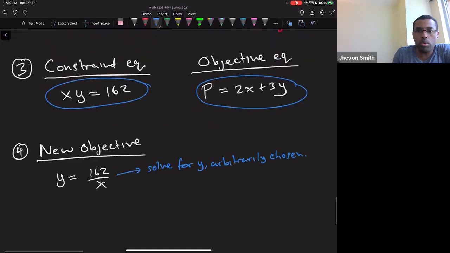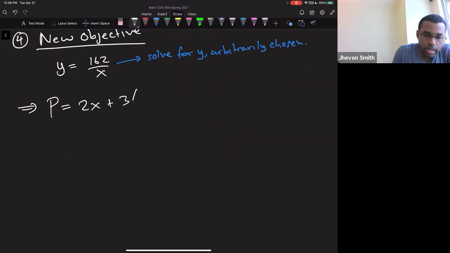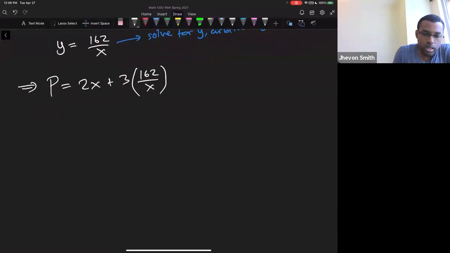Sometimes the coefficient, one is a 2, one is a 3. Sometimes the bigger coefficient, you want to solve for the other guy because you don't want to have to deal with the bigger coefficient. But 2 and 3, they're pretty close. I don't see much point in discriminating against one or the other. Here, then our p would be 2x plus 3 times the y. So that's our new guy.